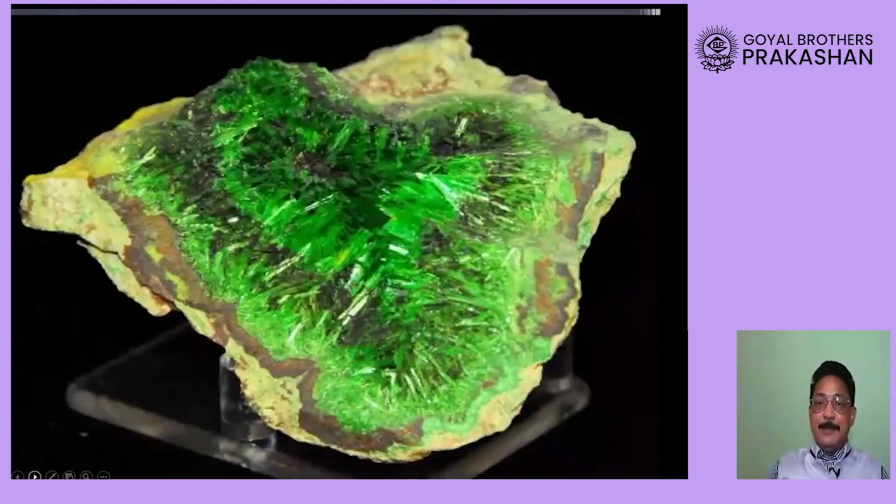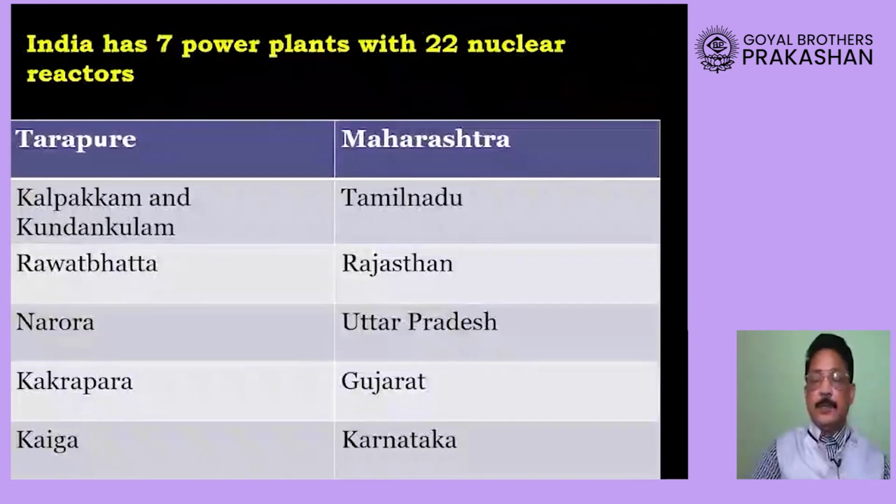This is that element called uranium, which is not only used to make nuclear weapons, but we use the same element, dear student, to make what? Electricity for our country.